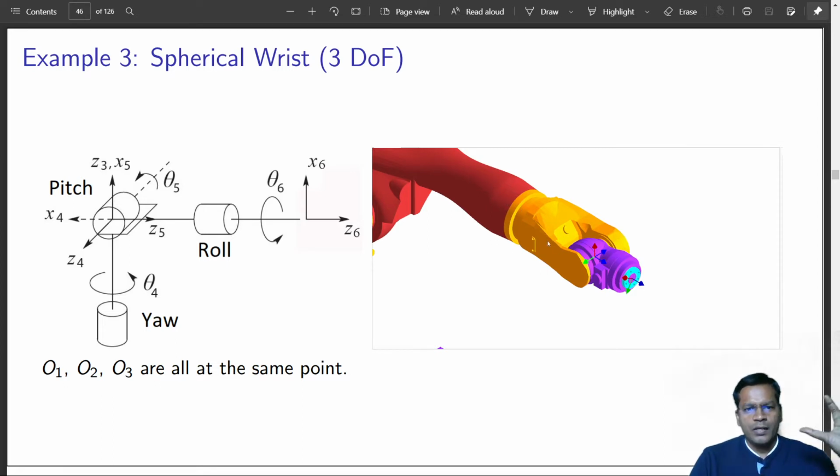So three consecutive rotations can orient this end effector, this flange where you mount the gripper, where you mount tools to do some work. So this flange can orient in any manner. See it once again, all the three axes working simultaneously. I'll make it once again so that you can see it clearly. Now you see how it will rotate.